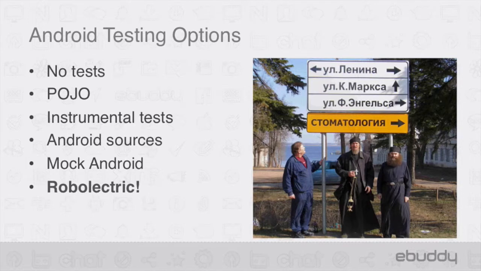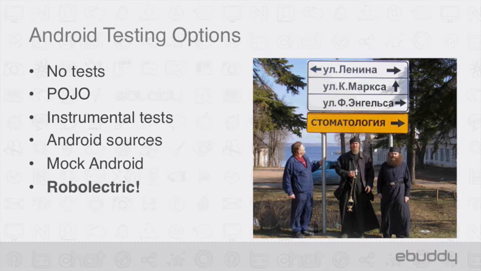But it's on the level of instrumental tests, because it requires building and deploying. It's a different kind of test. We use Calabash, which uses Robolectric underneath, and we have those also. But now, unit tests, so Robolectric.